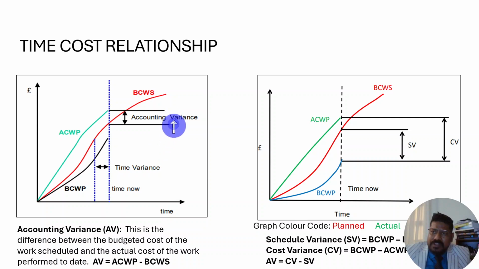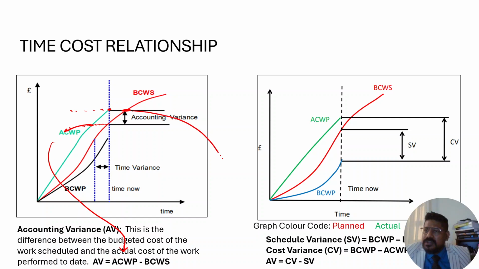Now, if you see the accounting variances, the difference of actual cost of work performed, if you just extend this a little bit like here and here, the intersection is here, which is ACWP, hence the formula is ACWP minus this one, which is budgeted cost of work schedule, and here again you have a formula over here.